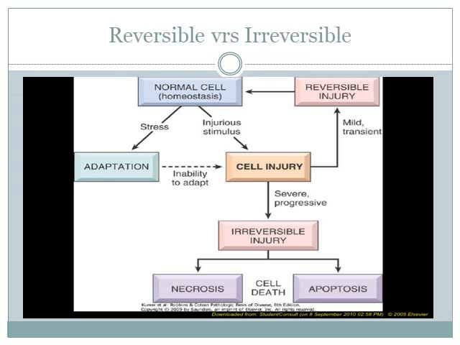But before we get to that, we'll look at the options of what happens every day within your cells. So we have normal cells, and every day your normal cells are put under stresses and they go through a version of adaptation. We'll talk more about adaptation in a little bit, and we'll focus just on cellular injury for now. When a stimulus or a negative influence comes in and causes cell injury, it can be what's known as reversible or irreversible.